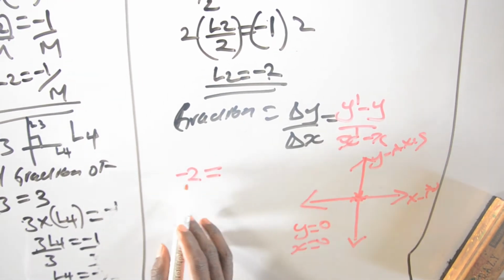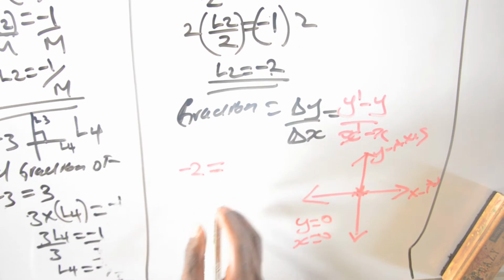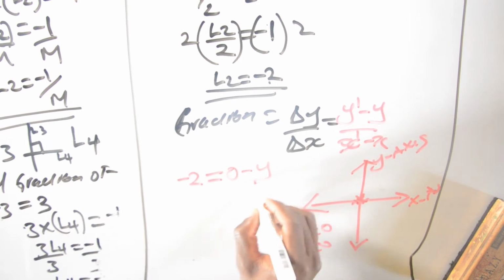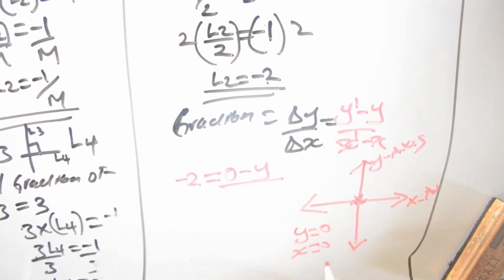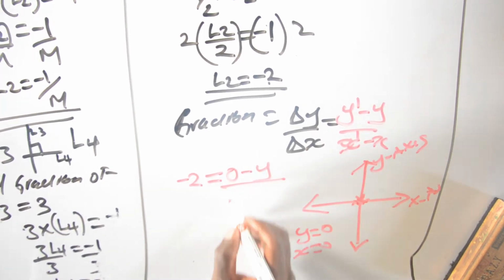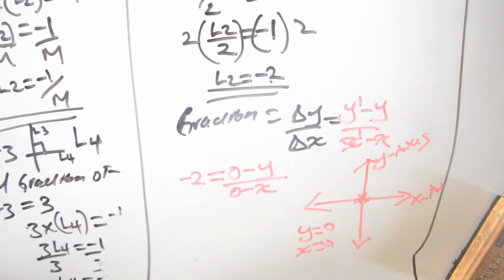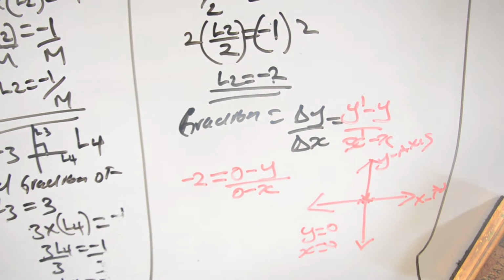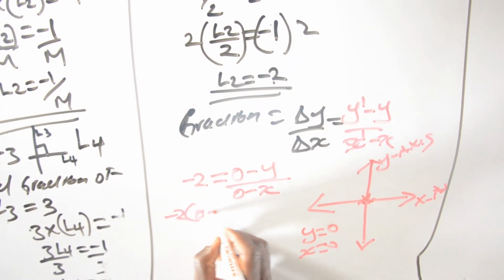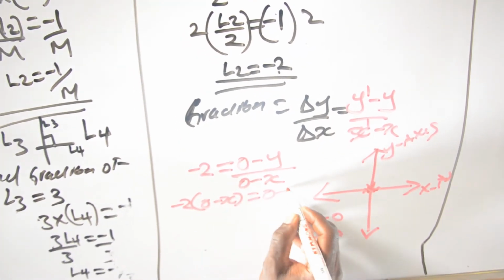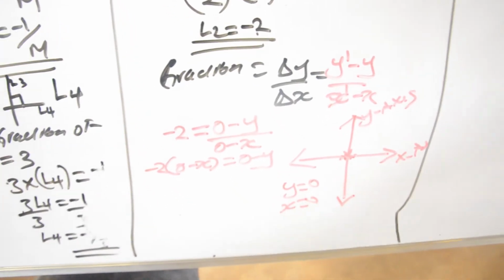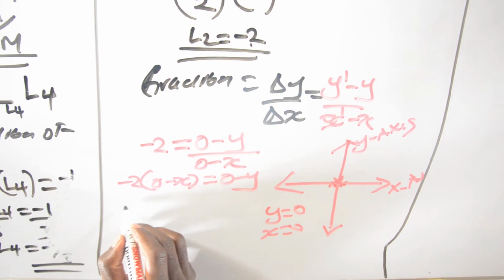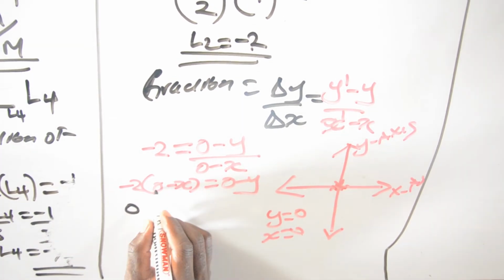So for this case, -2 is equal to change in y, you say 0 subtracted by y over 0 subtracted by x. So you multiply both sides by 0 minus x. So it will be negative 2 into 0 minus x is equal to 0 minus y. Are we together? When you open the bracket, negative 2 times 0 is 0.